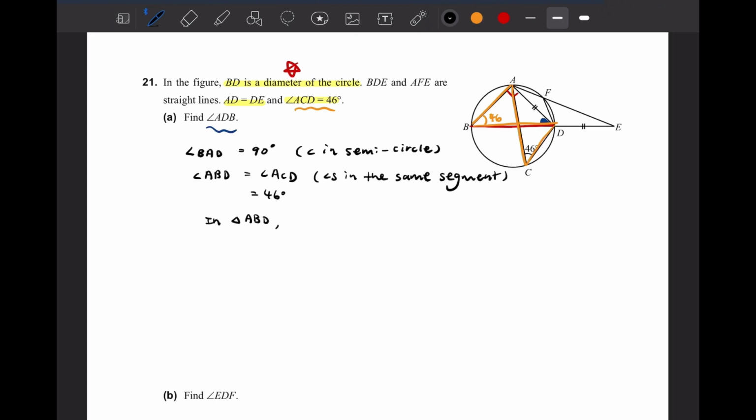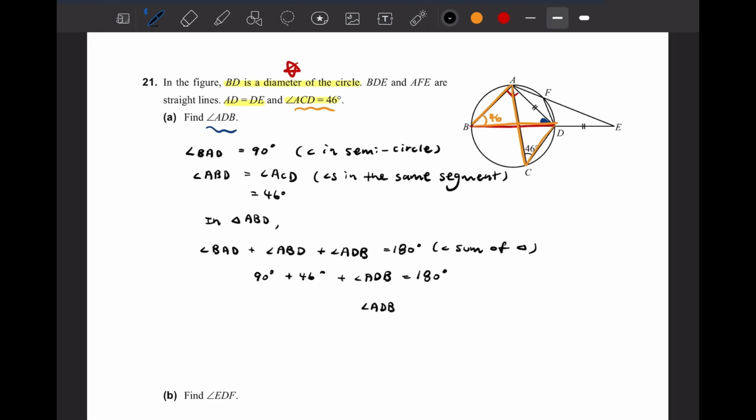And therefore, in the triangle ABD, BAD adding ABD adding angle ADB is equal to 180, angle sum of triangle. So 90, 46, adding ADB, so angle ADB is equal to 44 degree.